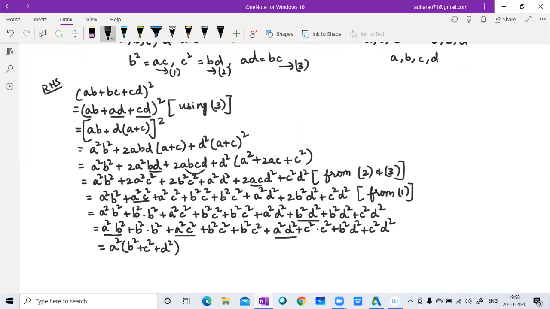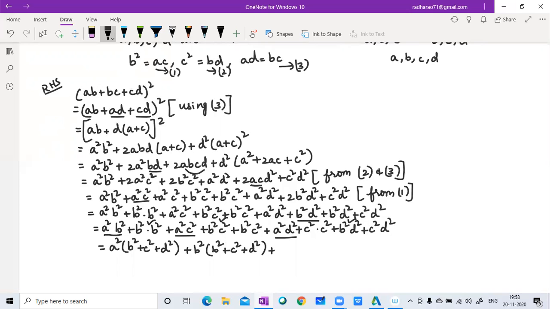Then I take these b² terms 1, 2, and 3. So b² into the first a²b², a²c², and a²d². I took a² common, so b² + c² + d². Now I am taking all the b² terms, 3 terms, and I take b² common, so I get here b² + c² + d².